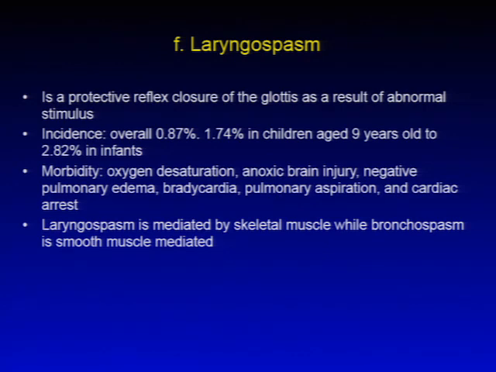Part F is laryngeal spasm. Laryngeal spasm is a protective relaxed closure of the glottis as a result of abnormal stimulus. The incidence is over 0.87%, 1.7% in children, and 2.82% in infants.